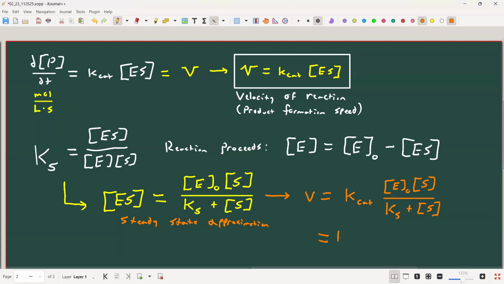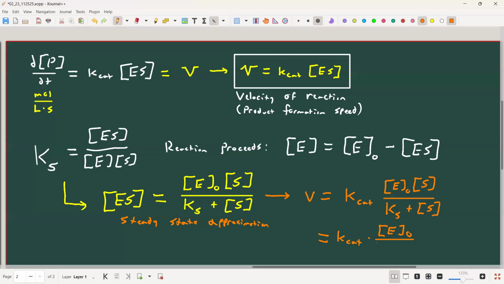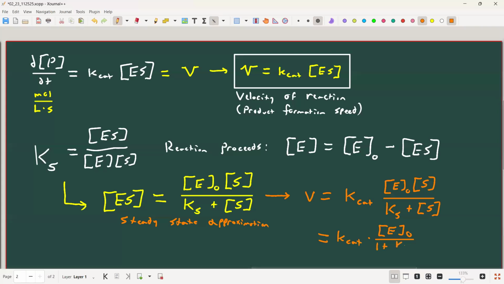This is equal to Kcat times the initial concentration of the enzyme divided by 1 plus the equilibrium constant of binding divided by the initial concentration of S naught.